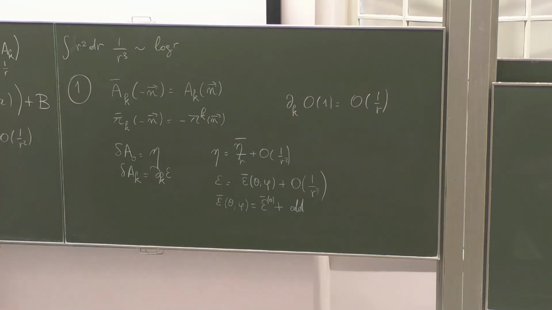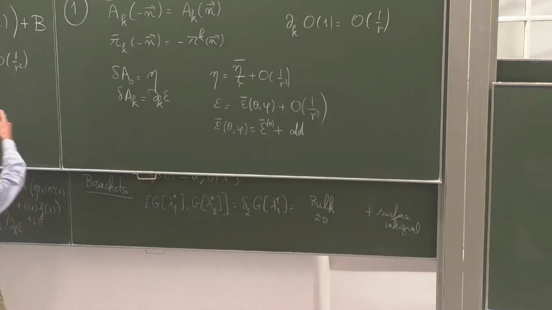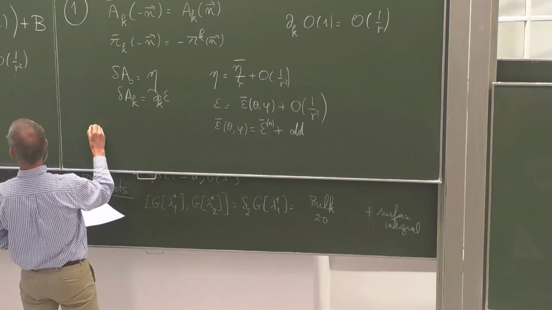Okay, so then I need to compute to see whether I have a well-defined variational generator. Well, I wrote it here.